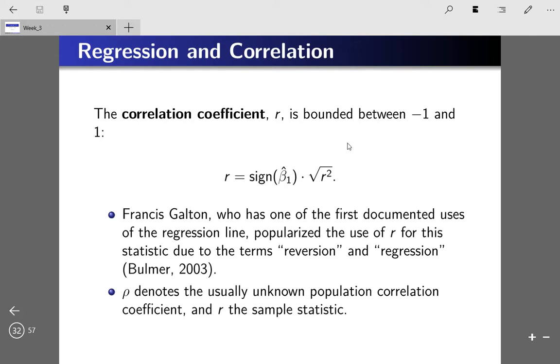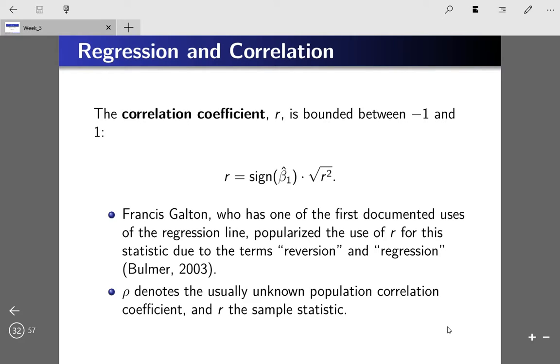So R is the sample value. So when we have just a finite set of data, just one data set, we use R to denote the correlation coefficient. But rho, in general, we use to denote the population correlation coefficient, which is typically unknown. So, for example, we could look at the correlation between the height and BMI of all Augsburg students.